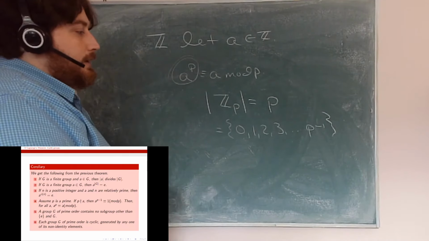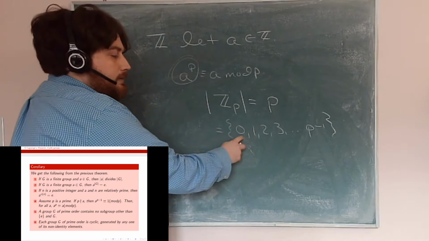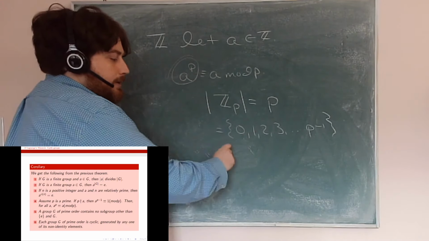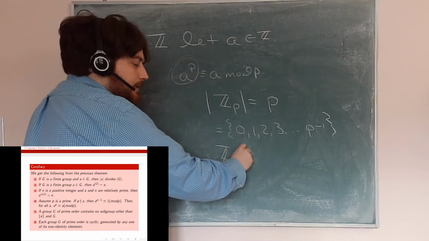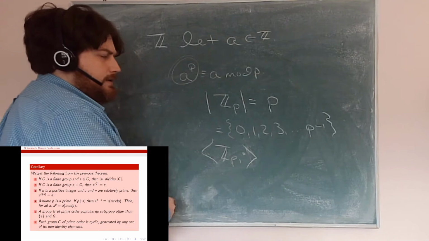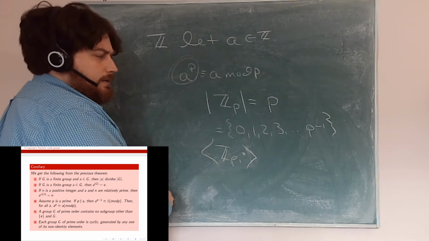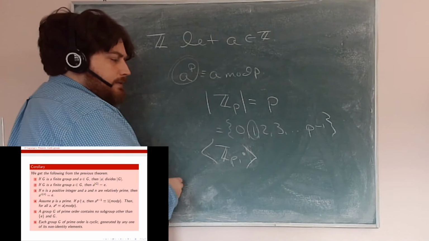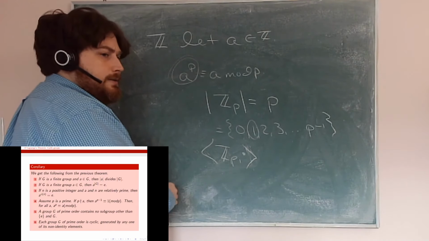What I want to look at next is Z sub P under multiplication instead of addition. If I include 0, then I don't get a group because the identity is going to be 1, and there's no inverse for 0 because 0 times anything is 0.